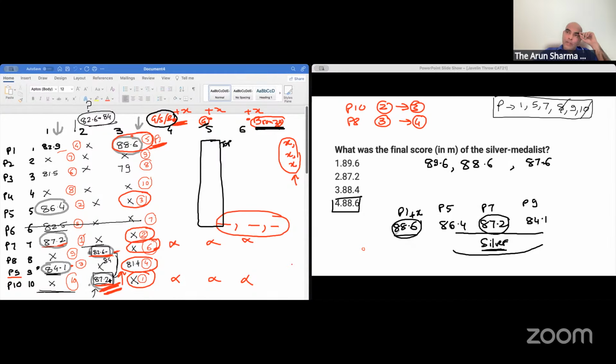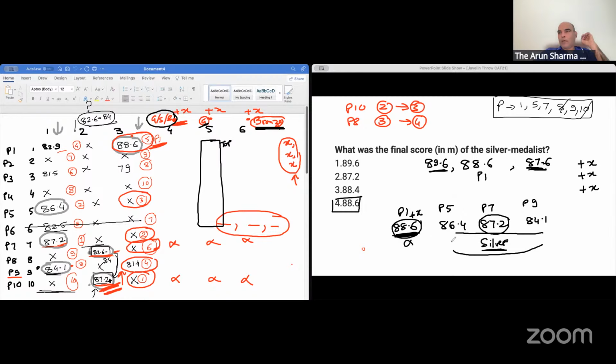And for that, this guy is constant. So the silver medalist becomes P1. And now I need to think about how do I use 3 plus x's. And this guy is not getting a plus x at all. 3 plus x's to reach this score and this score.